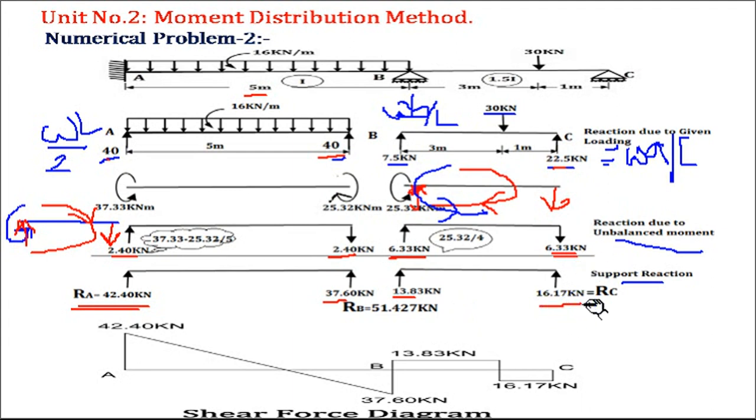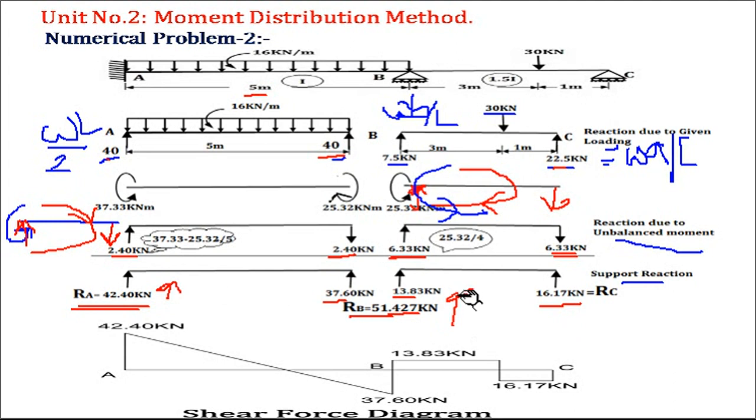So the reaction at C will be 22.5 minus 6.33, so the value is 16.17 kilonewton. So the reaction at B will be the addition of 37.6 plus 13.83, so that value is 51.427. So all the reactions are acting upward.